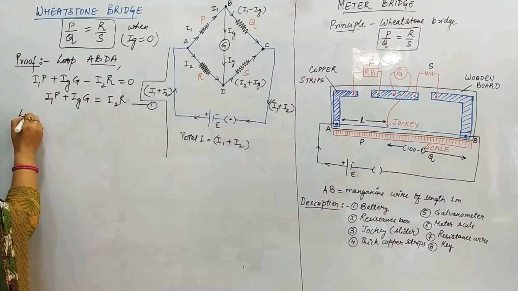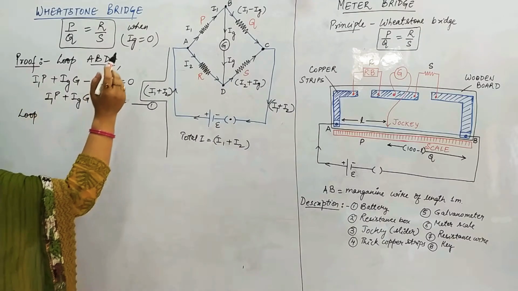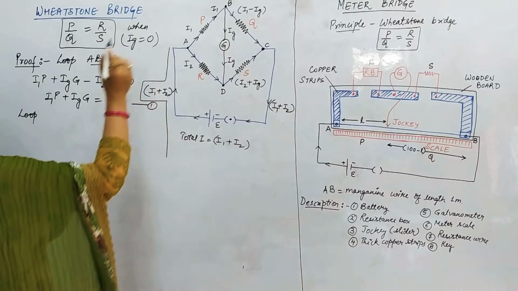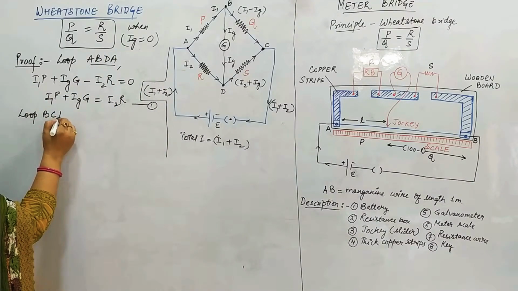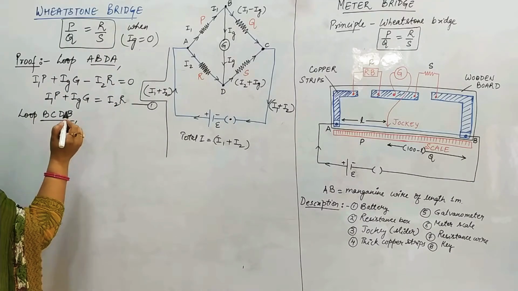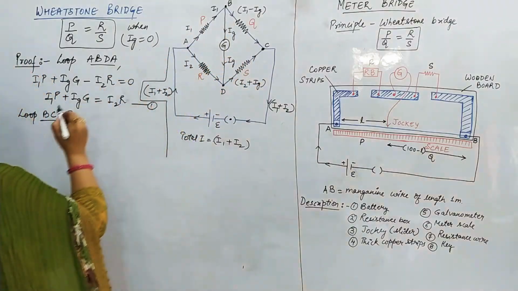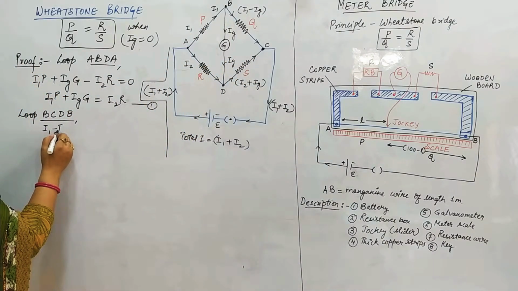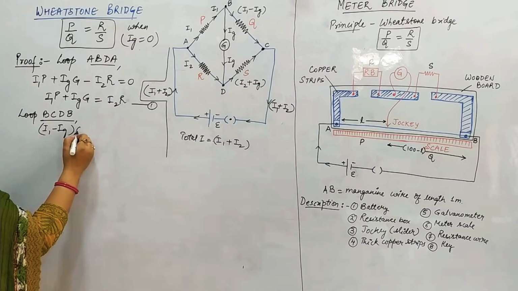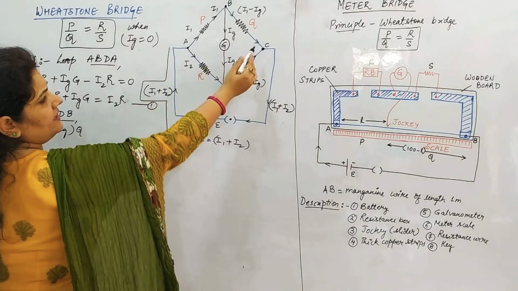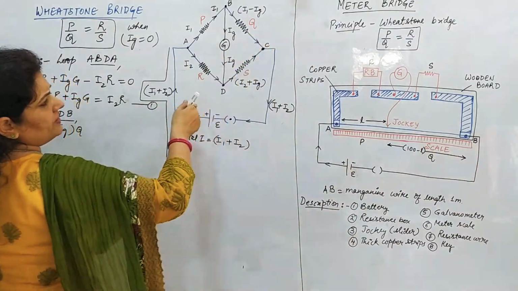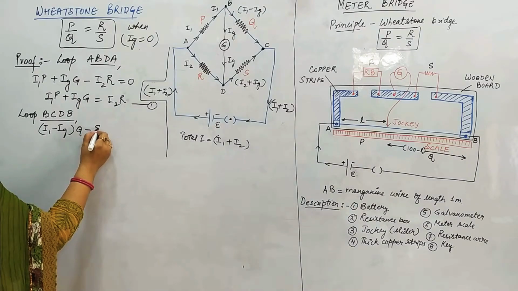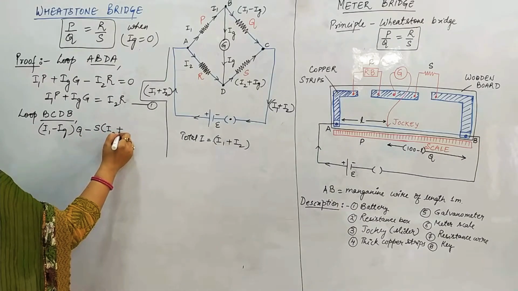Taking this on the right hand side. Now taking loop BCDB. B to C: I1 minus IG into Q. C to D: current is going this way, we are moving this side, minus S into I2 plus IG.